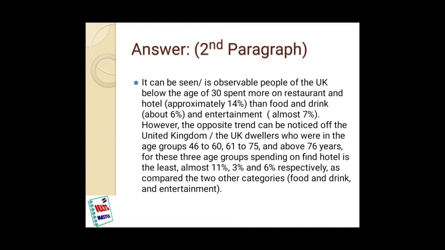Let's begin with my second paragraph, the grouping. It can be seen that people of the UK below the age of 30 spent most on restaurant and hotel, in the bracket approximately 14%, then food and drink, in the bracket about 6%, and entertainment, in the bracket almost 7%.